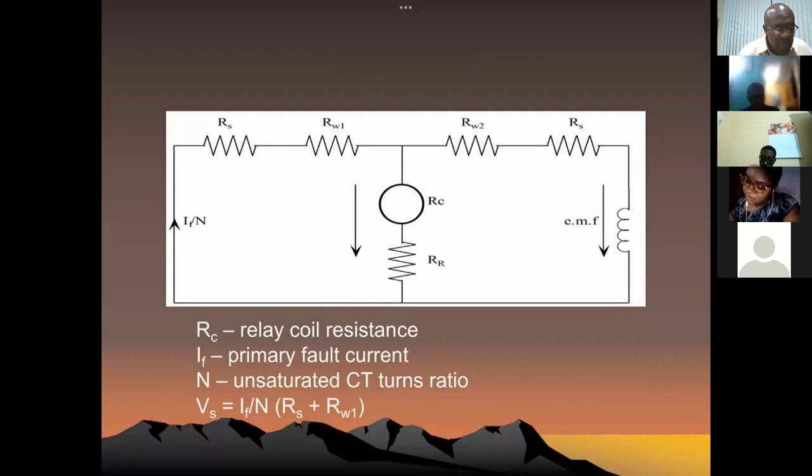And what we have over here is IF over N, because of course the CT will just pass through the replica of the fault current. So it will be IF over the turns ratio. RC would be the resistance of the relay itself. And RR, as we mentioned before, would be a stabilizing resistor.